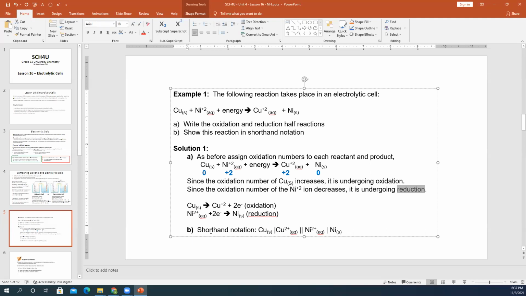Then in part B, we are asked to write the shorthand notation, and the shorthand notation follows the same rules as before. We write down our oxidation on this side, and we separate it with a double line from the reduction reaction on this side.